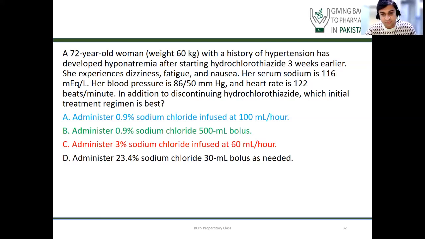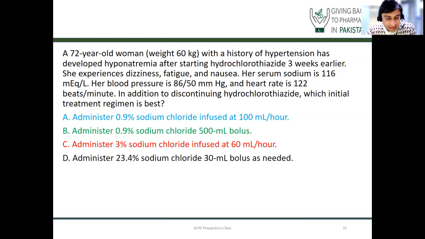In all those patients who have hypovolemic hyponatremia, the volume replacement should always be done initially, and then the sodium starts coming up. Here the serum sodium is 116, but the patient is hypovolemic, as her blood pressure is 86/50 and she is very tachycardic. This shows that the patient is dehydrated.